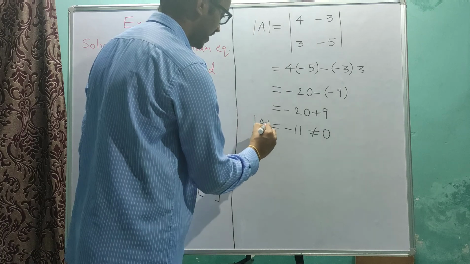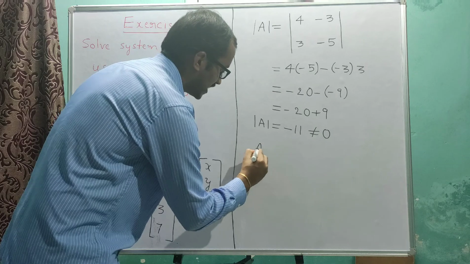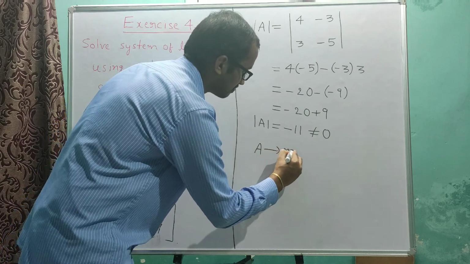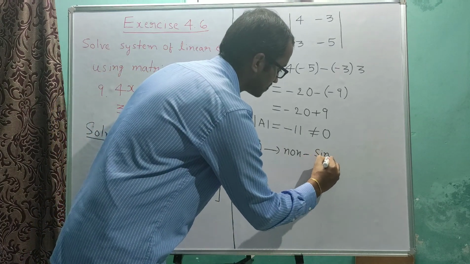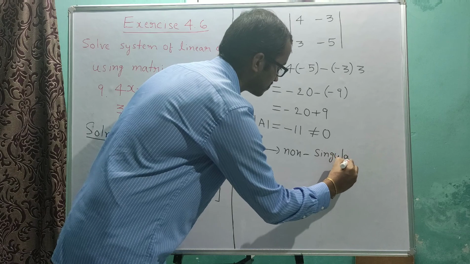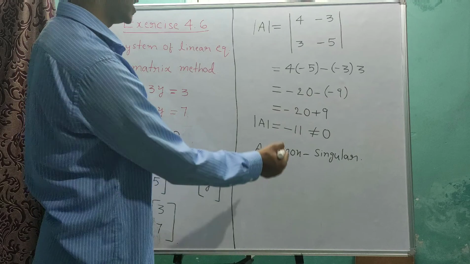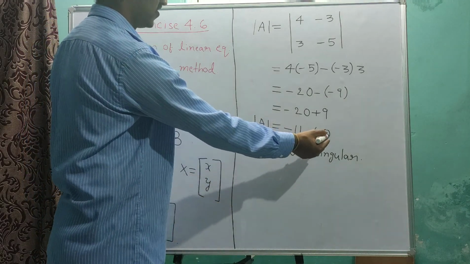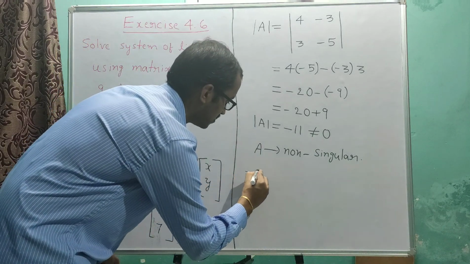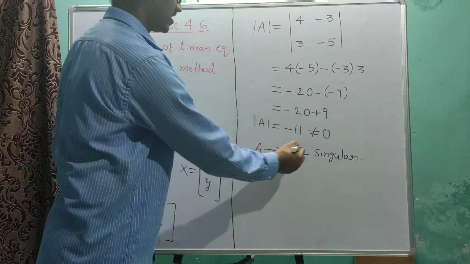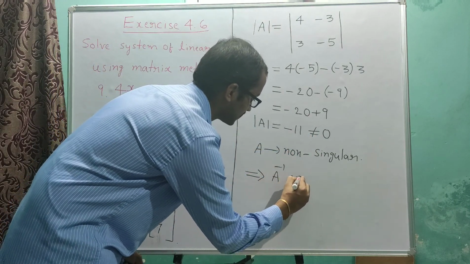So determinant of A is not equal to 0, so A is a non-singular matrix. Since A is non-singular, A inverse will exist.